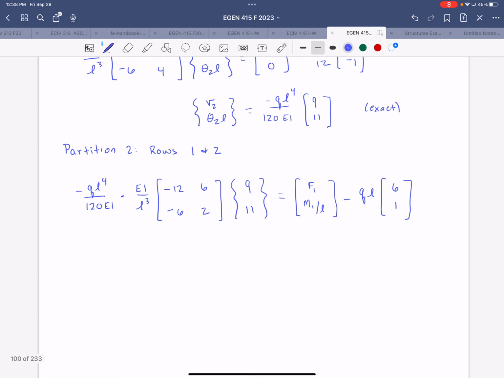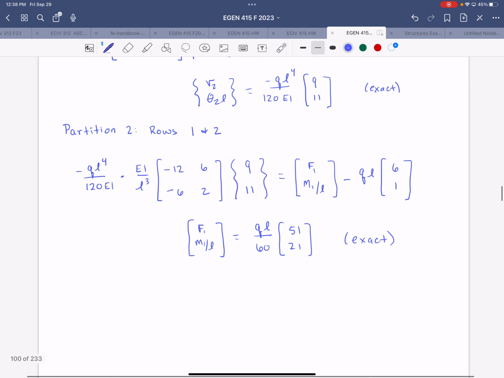Now solving for F and M, we get QL over 60 times 51 and 21. So again, this is exact for those reactions at node 1.